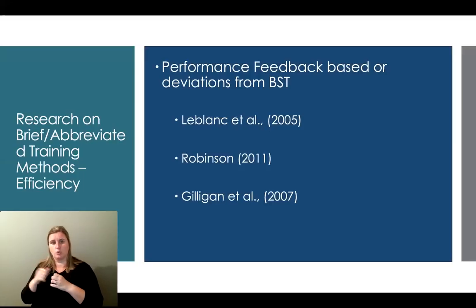Across these studies, the training was done over the course of a few days, on average 3 to 4 days to reach mastery criteria, and the training length ranged from 10 to 20 minutes.